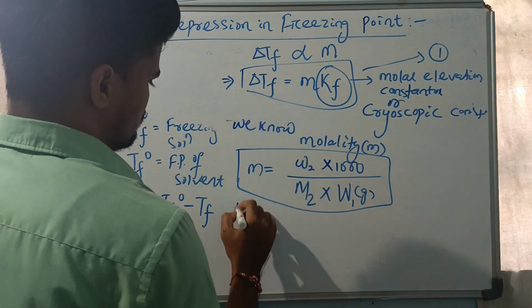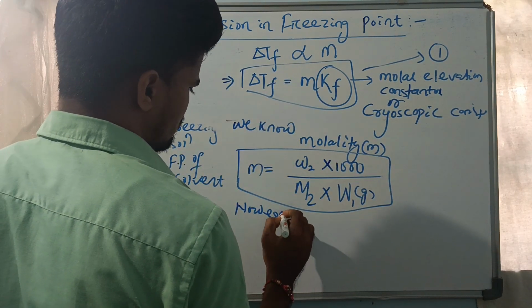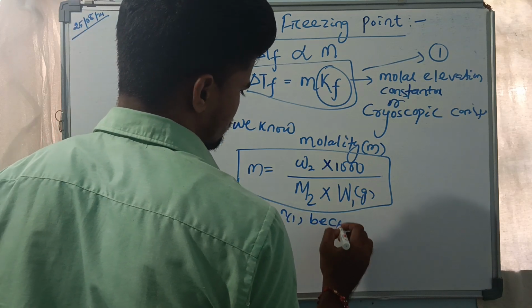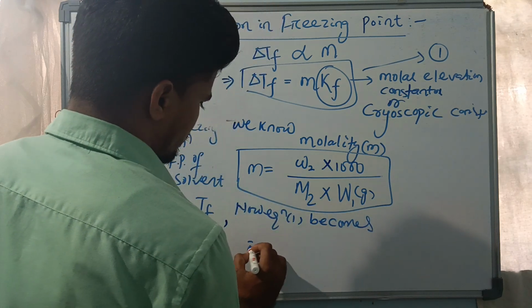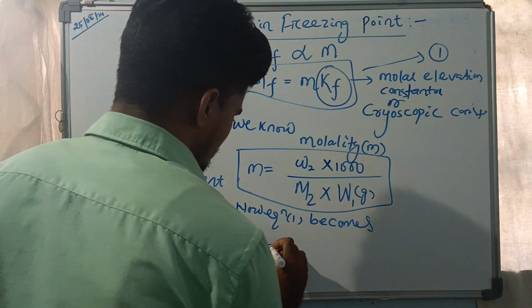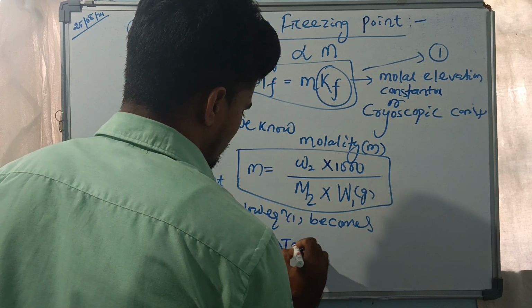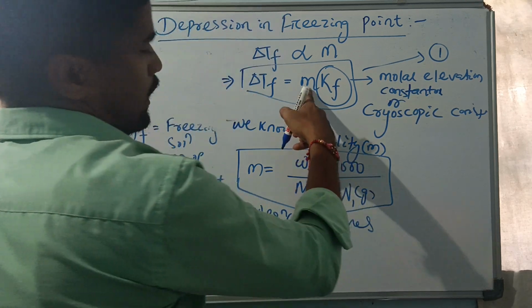What will we get? Equation 1 becomes Delta Tf is equal to m into Kf.